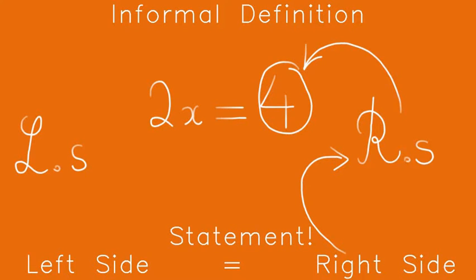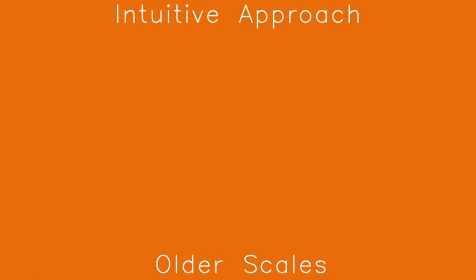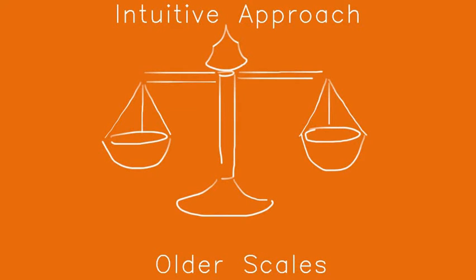Now, there's another way of understanding equations, and it is much more intuitive, especially for me. If I look back, I think this is the way I really understood it when it was taught to me. Think of those older scales used for vegetables, to check the weight.